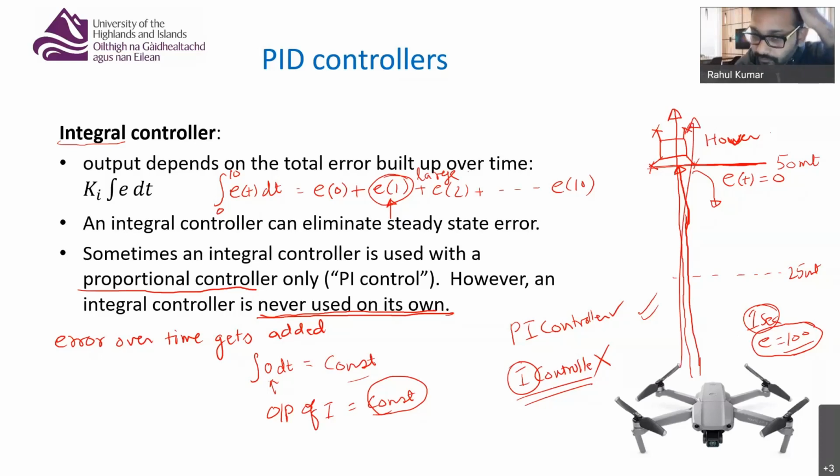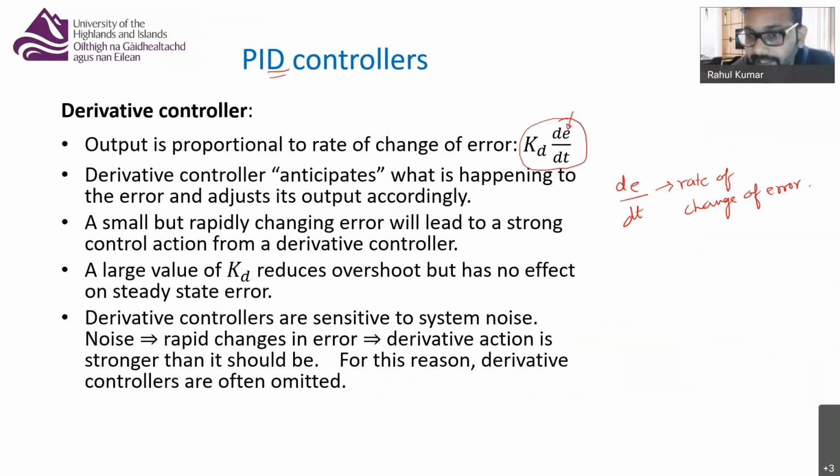And there is obviously a chance that this drone will cross the finish line because its speed is very fast. It is rising at a very fast speed towards the finish line, right? So this was the limitation of your integral controller.